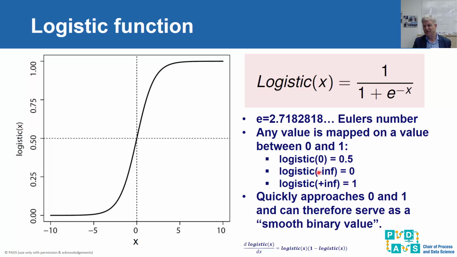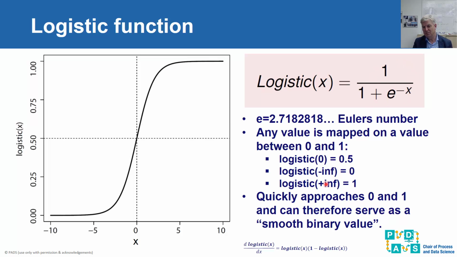If we have minus infinity, so a very small number, so minus 10,000 or something like that, then we are approaching 0, right? Because if we take a large negative number, then this number is growing, and that means that this number is getting smaller and smaller and smaller. So the more negative we get, the smaller this expression gets.